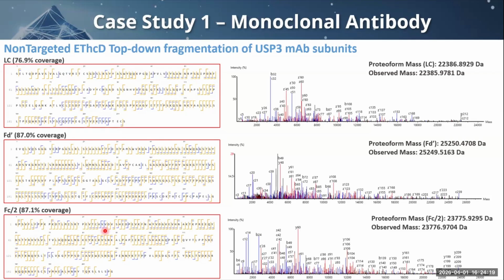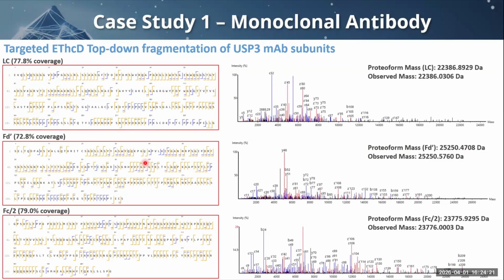We can also do these experiments for a targeted approach. Here we selected the top 6 charge states above 20 for top-down fragmentation. On the left, we've got coverage maps. On the right, we've got the fragmentation spectrum of the intact proteoform that we use to map to its proteoform.